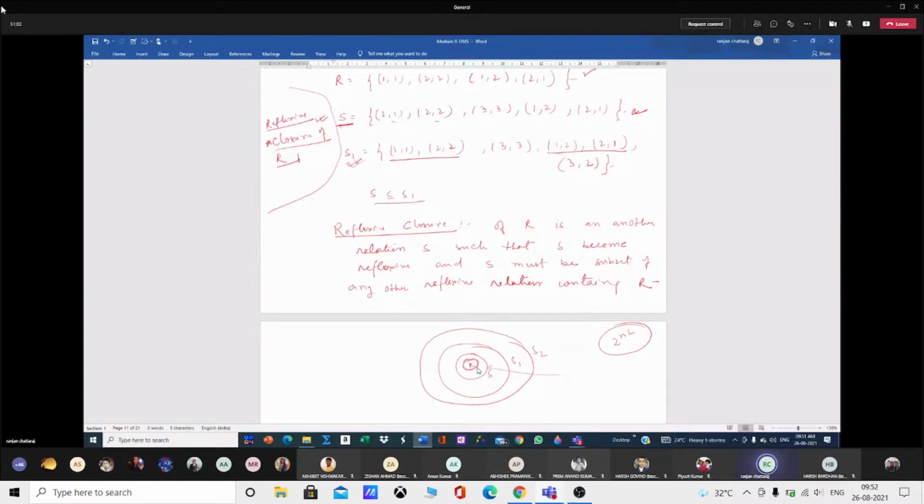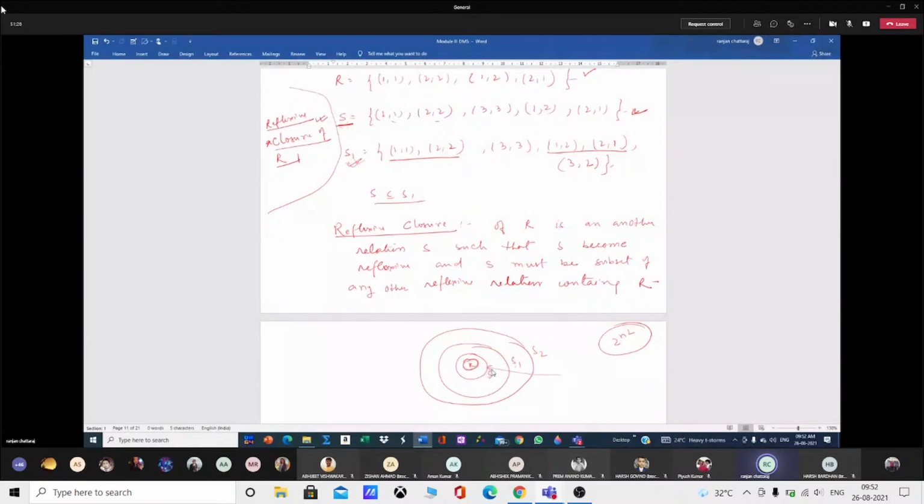But we consider another set S, which is reflexive, containing R. That means S consists of all the entries of R. Okay, and S is a subset of any other relation that contains R, like this. That means S is the smallest.